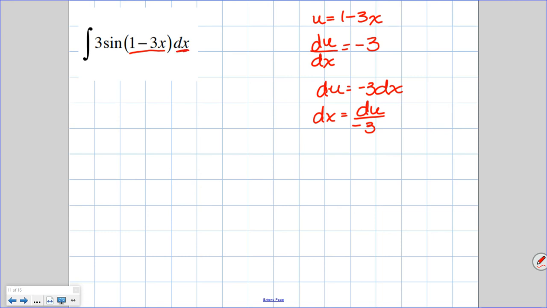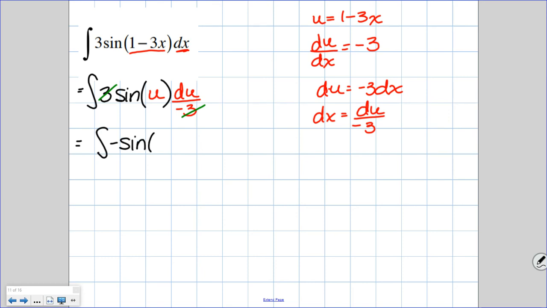So I'll replace those two, which means that now I have the integral of 3 sine, not 1 minus 3x, it's 3 sine of u times du over negative 3. Now these 3's, 3 divided by negative 3 is negative 1. So now I have the integral of negative sine of u du.